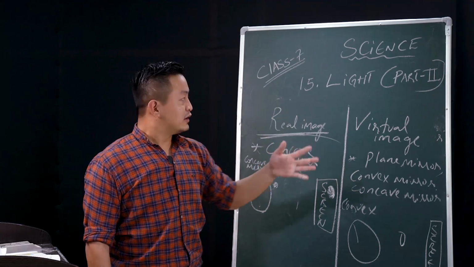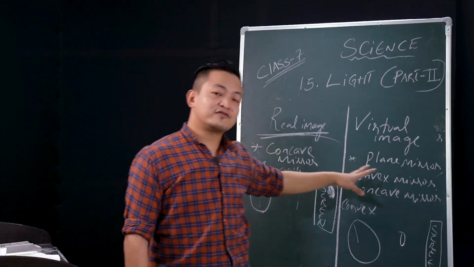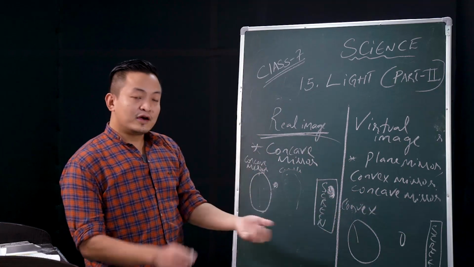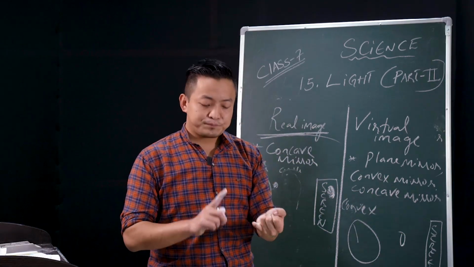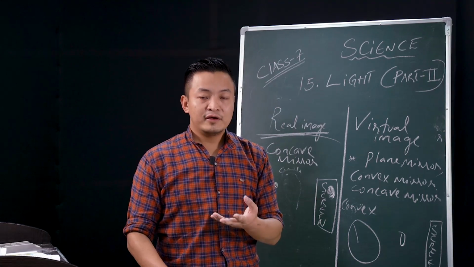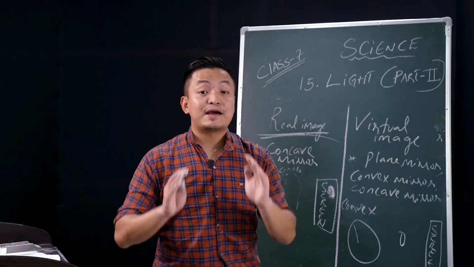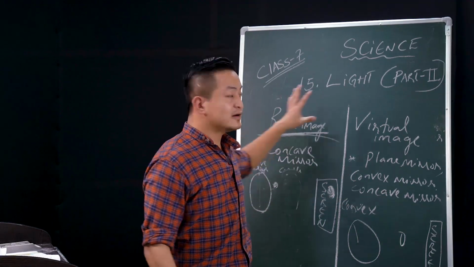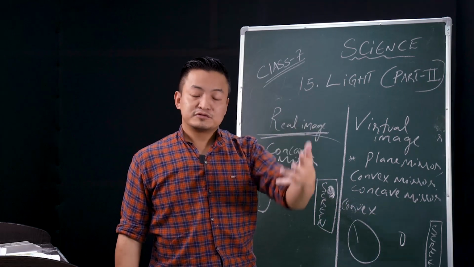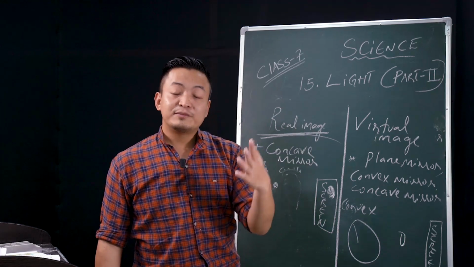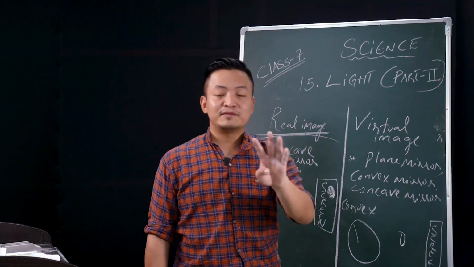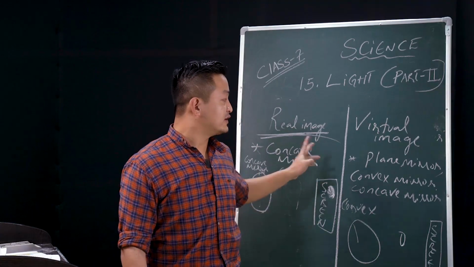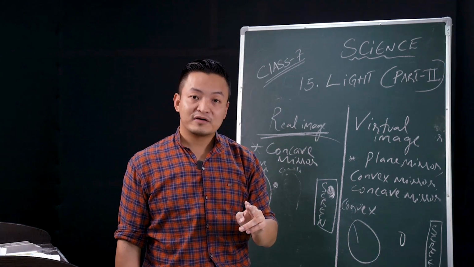Clear? So let's recall what we have learned so far today. We have studied about the spherical mirror. If the reflecting surface is a part of a hollow sphere, then it is a spherical mirror, right? And depending upon the surface, it can be of two types, concave mirror and convex mirror, right?